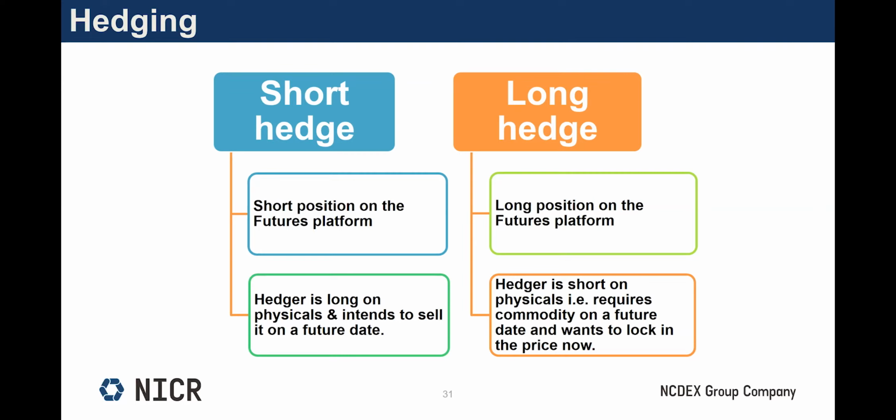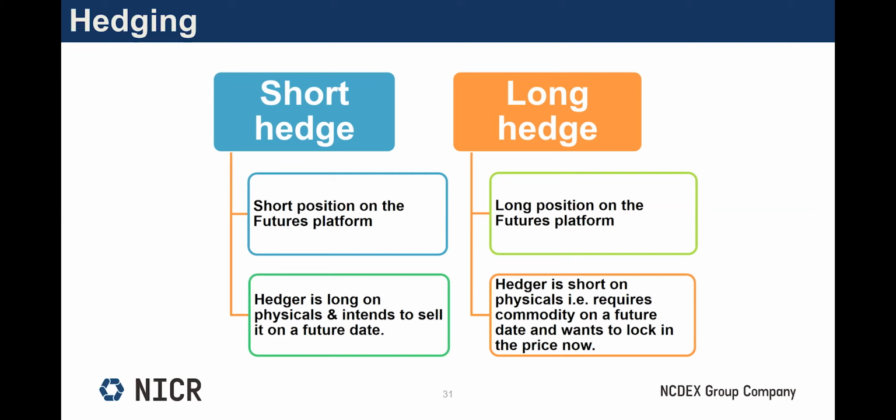Normally, a primary producer or the FPOs or a trader who has bought from the farmers or from the mandi or from somewhere else will go short, and he will sell it to a processor who needs to process those commodities to produce something else. And a processor in that fashion will have a long position, because he's going to need the material at a future date.